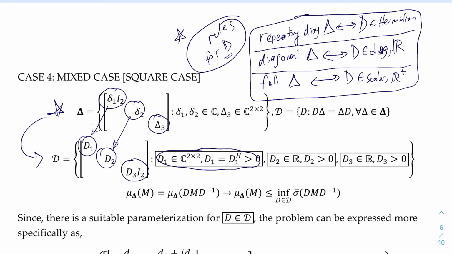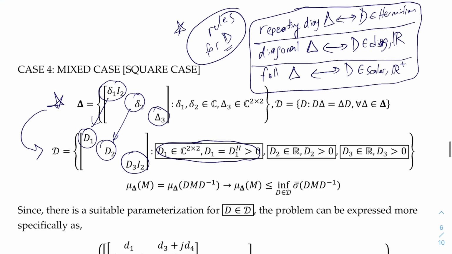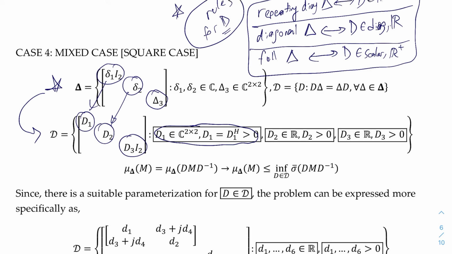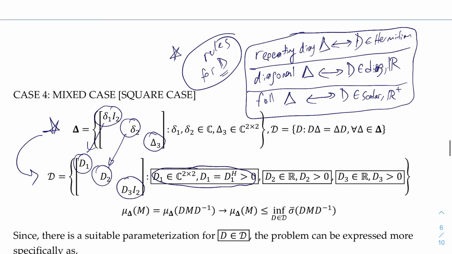If we can construct our D sets, then we can parameterize them, and then we can solve the optimization problem that we have. We can represent our optimization problem. So considering these 3 rules, in a way identities, let's look at the subblocks.